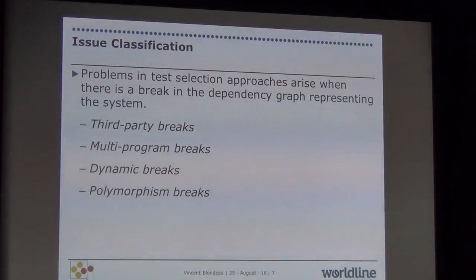There is a dynamic break when you use the reflectivity of the language, and polymorphism when you use inheritance or interfaces in Java. At Worldline, 80% of the projects are written in Java, so I focused on this language.